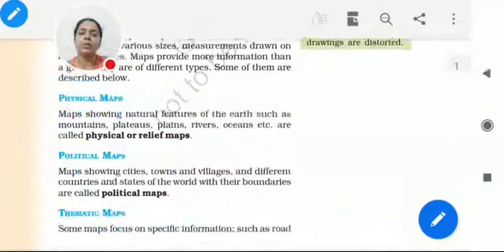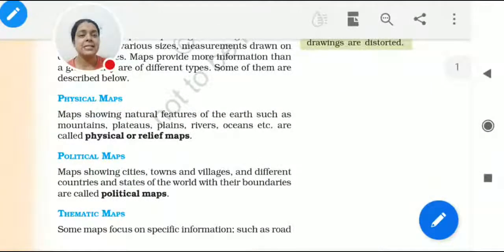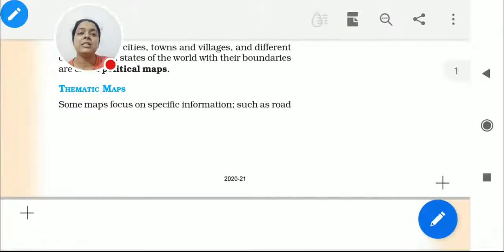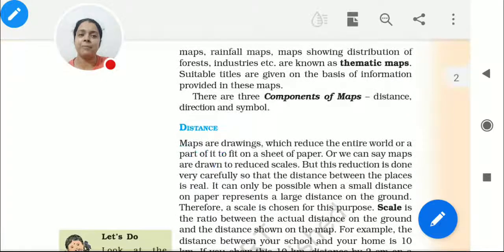After that, we got to know that there are three kinds of maps. The first is the physical map, which talks about the physical features, the natural things. Second is the political map, which talks about cities, towns, villages, countries, capitals, and so on. The last one is the thematic map, which gives specific information, for example only about the rivers, or only about the mountains, or only about the kind of soil in a particular area.